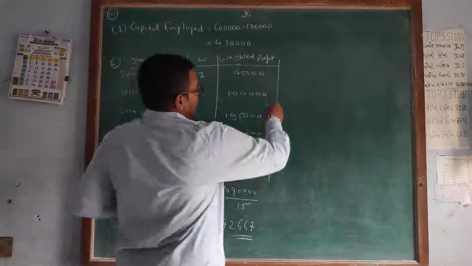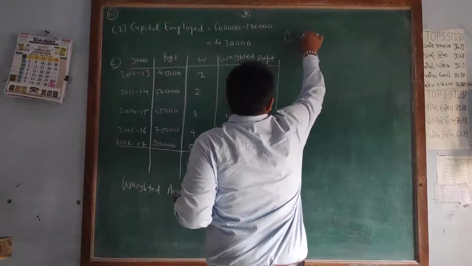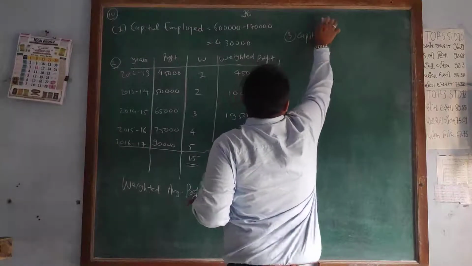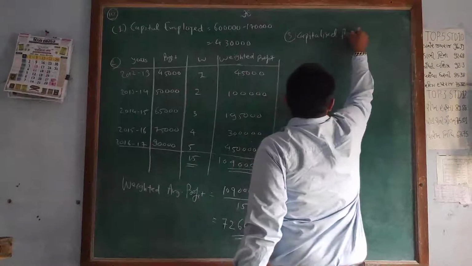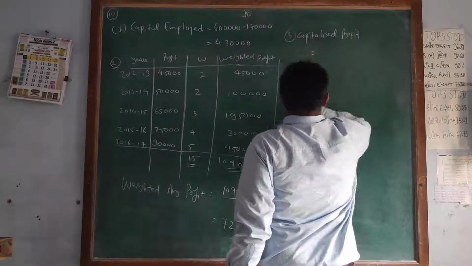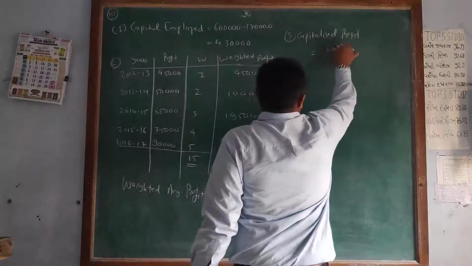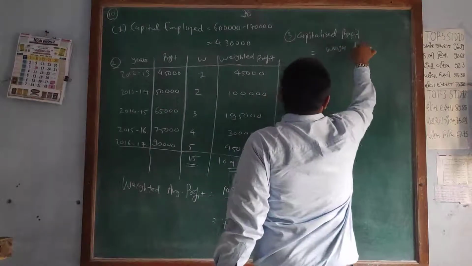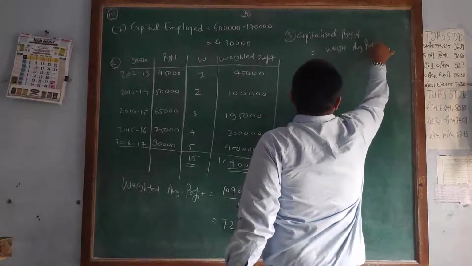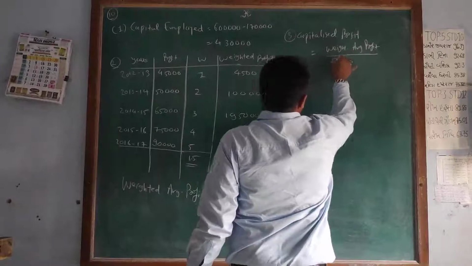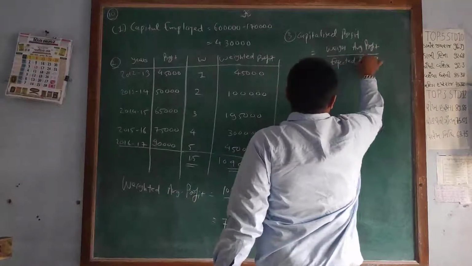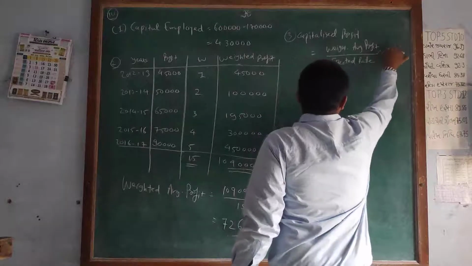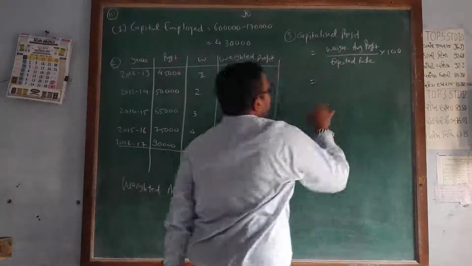Step number 3, capitalized profit. Weighted average profit upon expected rate into 100.